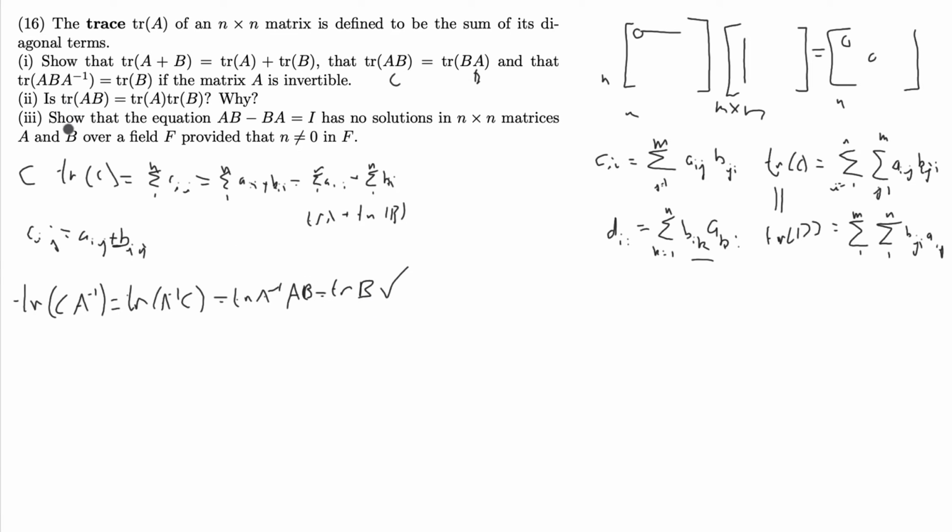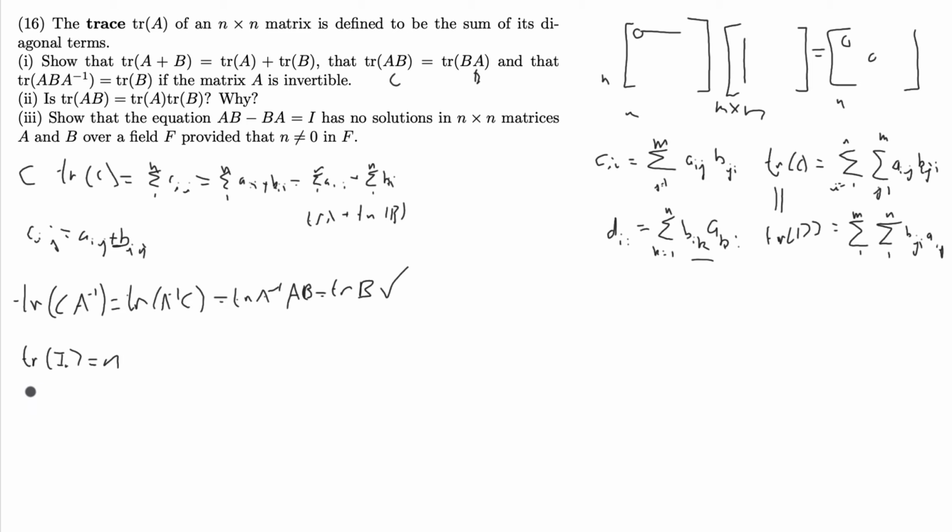For part 2, we're going to say that no, the trace does not split over products. And the way we can prove this is by counterexample. Note that the trace of the identity matrix of size n, which we'll call I_n, is equal to n because it's a sum of 1s, n times.